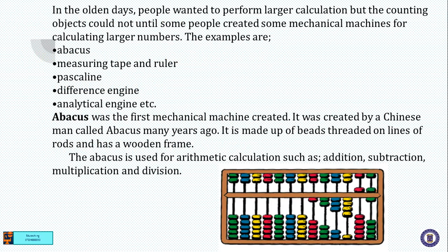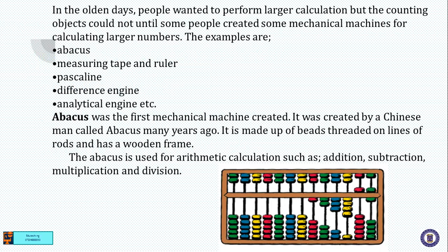Now, in the olden days, if you remember last week's topic, we said people were using different objects for counting and for doing little arithmetic.